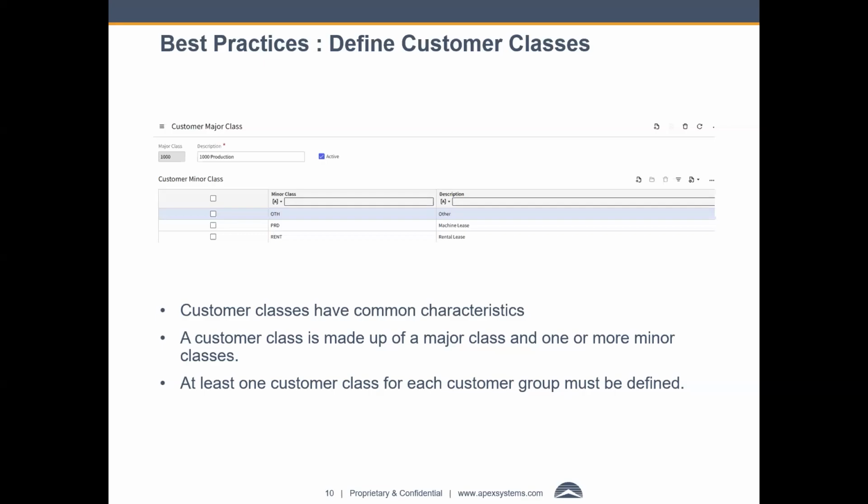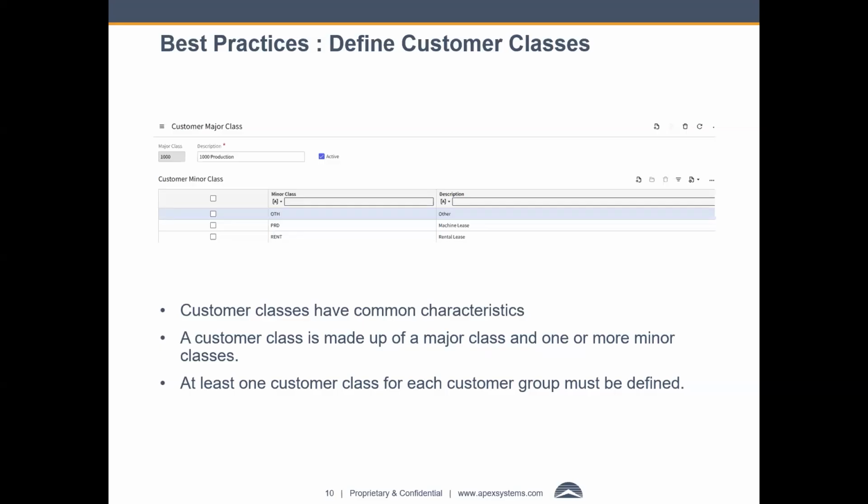Characteristics of major classes are designed for broad classification, serving as the top level in a hierarchy. They provide a way to logically group related elements such as accounts or entities. Major classes ensure consistency in categorization and reporting.